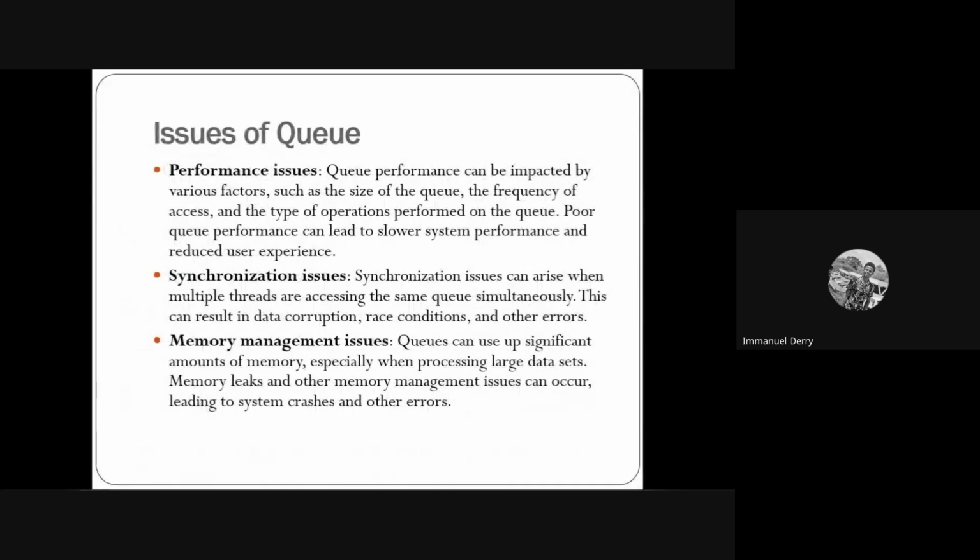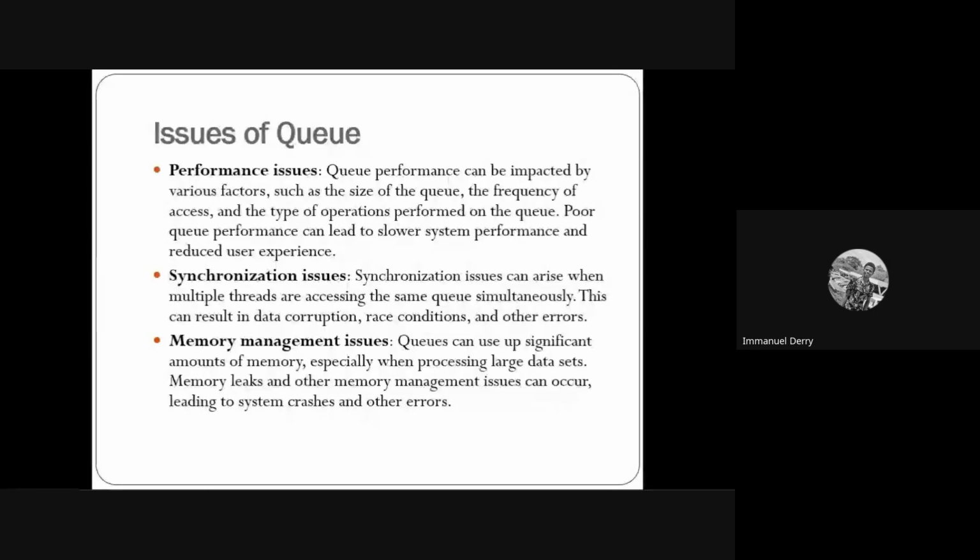All right, let's look at some other issues as well. One other issue is the performance issue, which can be impacted by various factors such as the size of the queue, the frequency of access, and the type of operation performed on the queue. Poor queue performance can lead to slow system performance and reduce user experience.